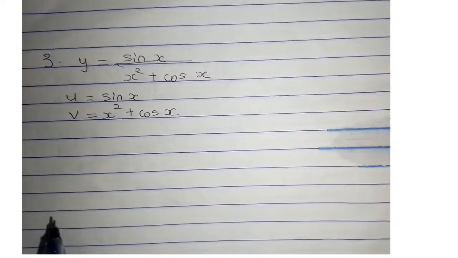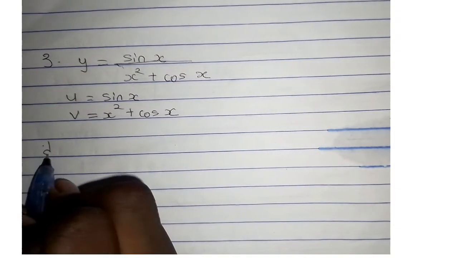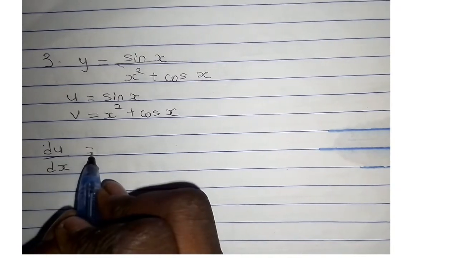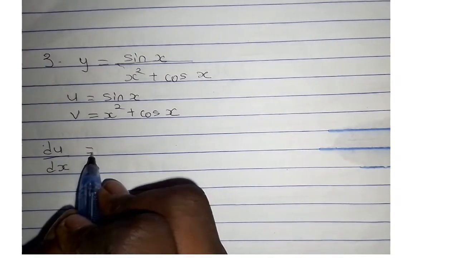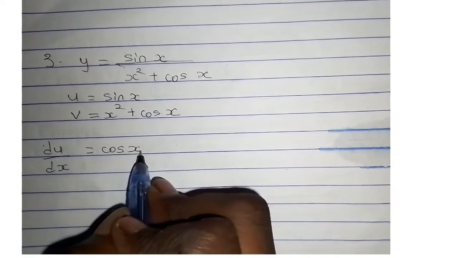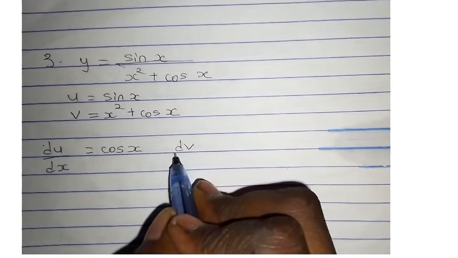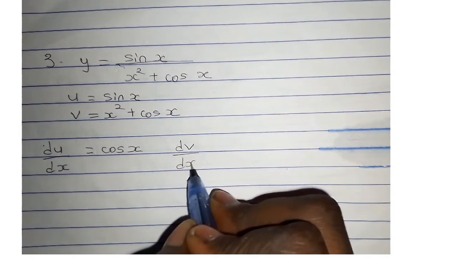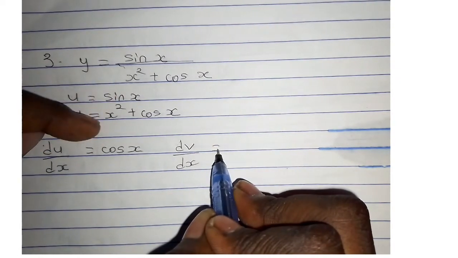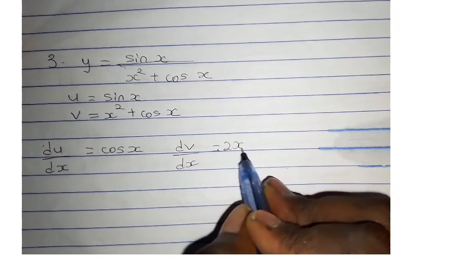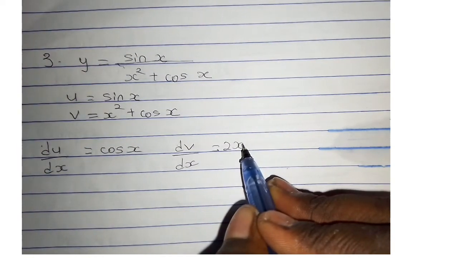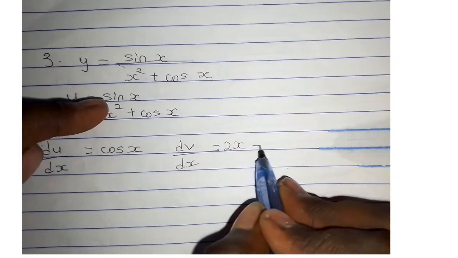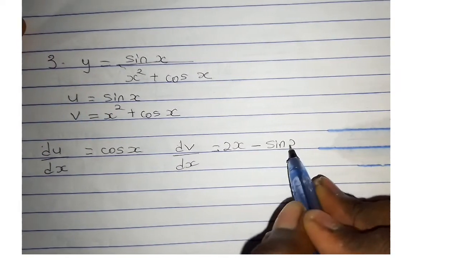So differentiating with respect to x, du/dx will be equal to, when you differentiate sine x, we're going to have cos x. Then we differentiate v with respect to x, so dv/dx: when you differentiate x squared, we're going to have 2x. When you differentiate cos x, we're going to have minus sine x. So this part becomes minus sine x.